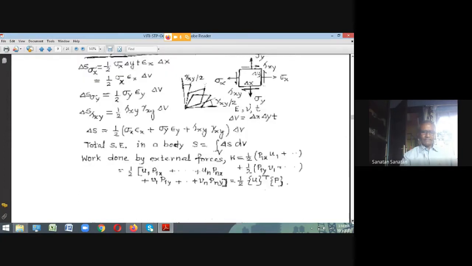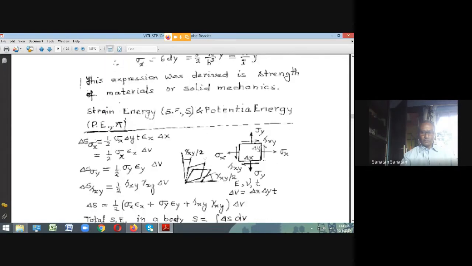What is strain energy? If an element is subjected to sigma x stress, then the strain energy involved because of the sigma x is nothing but half sigma x into delta y into t, that's the force, and the extension, let's say in the x direction, is delta x. So therefore, this is actually strain energy of the body.